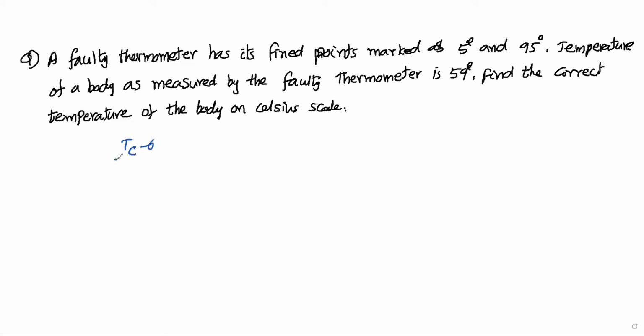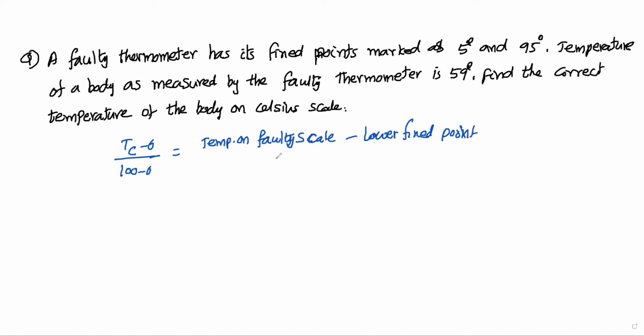Tc minus 0 by 100 minus 0 is equal to temperature on faulty scale minus lower fixed point by upper fixed point minus lower fixed point.